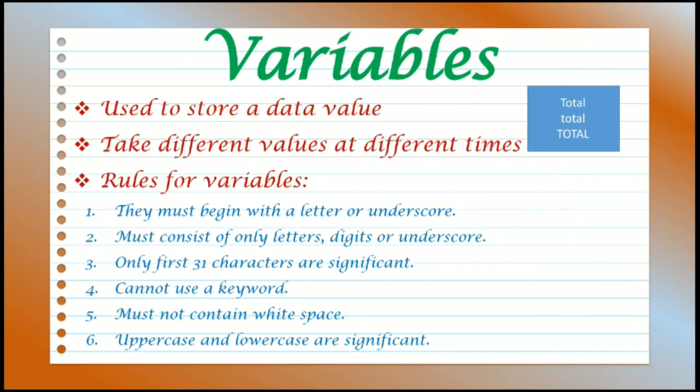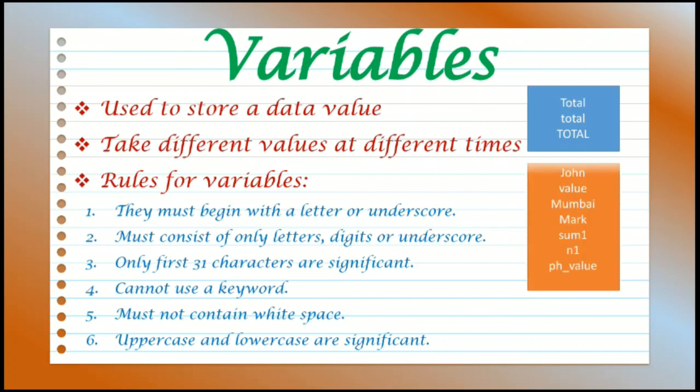For example, John, value, Mumbai, mark, sum1, n1, ph_value are valid variables because they follow all the rules given above.